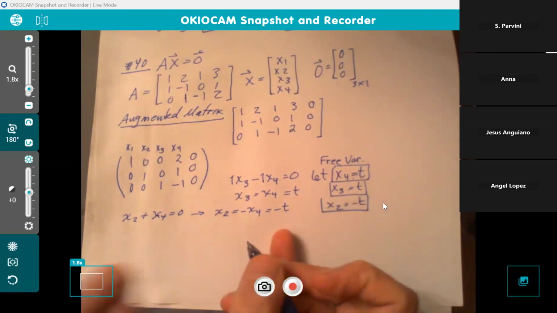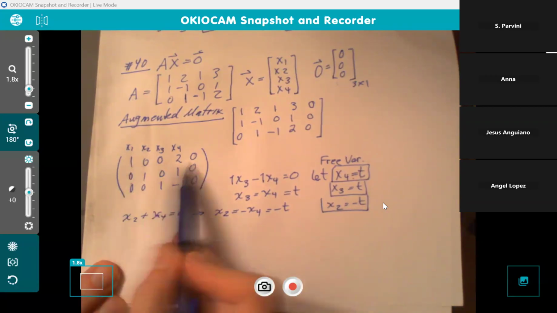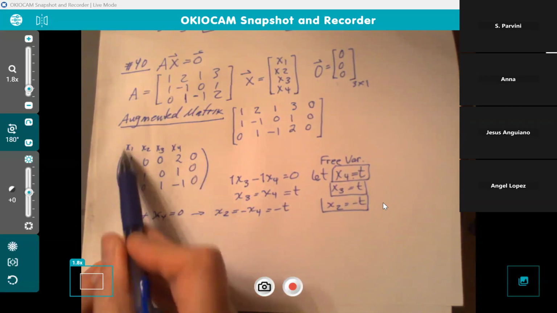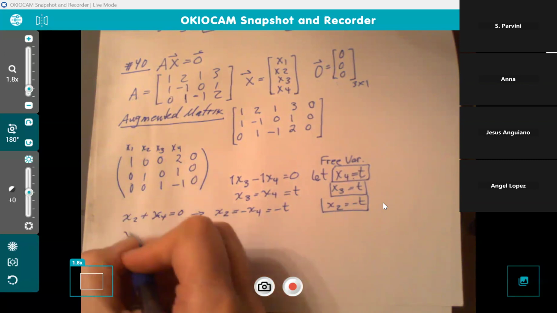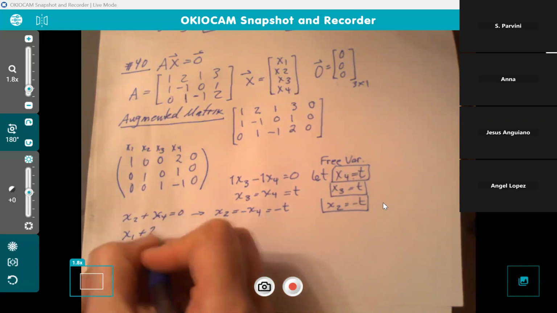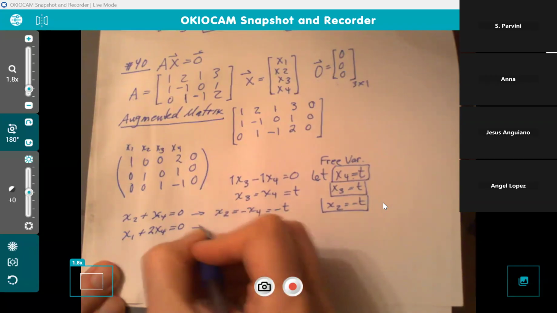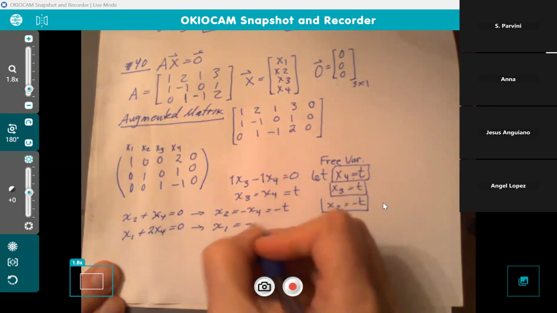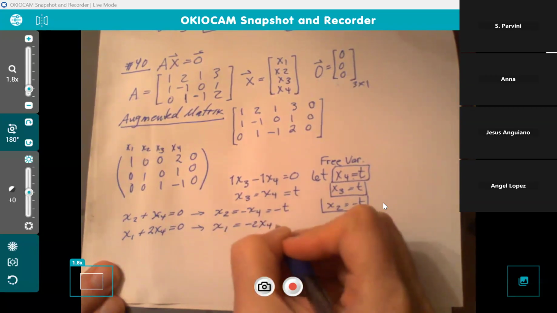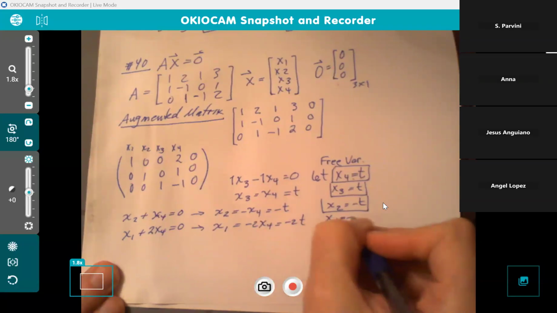And that's the third unknown. And now we can solve for x sub 1 from the first equation, right? 1x1, 0, 0, 2x sub 4. So that's x sub 1 plus 2x sub 4 equals 0. Therefore, x sub 1 is, move x sub 4 to the other side, negative 2x sub 4 or negative 2t. And we have solved the system.